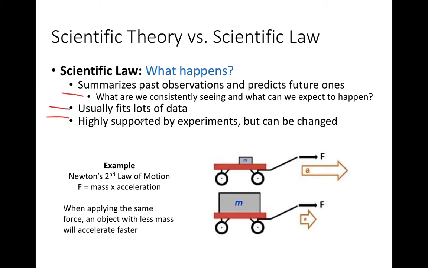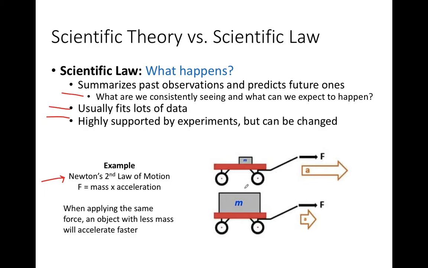Although they can be changed, usually something doesn't become a law until it has been observed so many times, so consistently, that it just becomes a natural phenomenon or a law that happens. My example here is two carts. I tried to pick one that I feel like most people have probably heard of at some point in their life, and that's the second law of motion from Newton, which just says that force equals mass times acceleration.